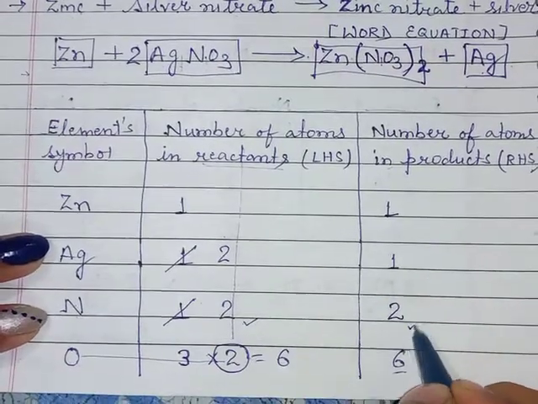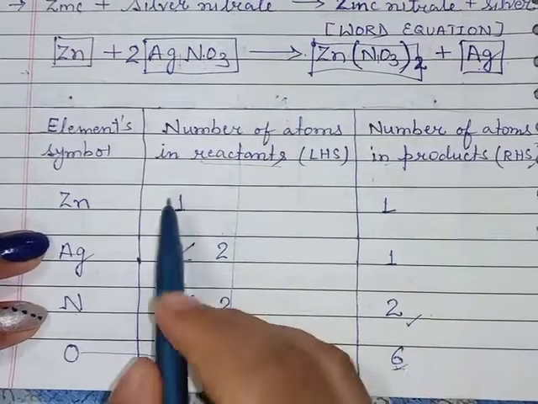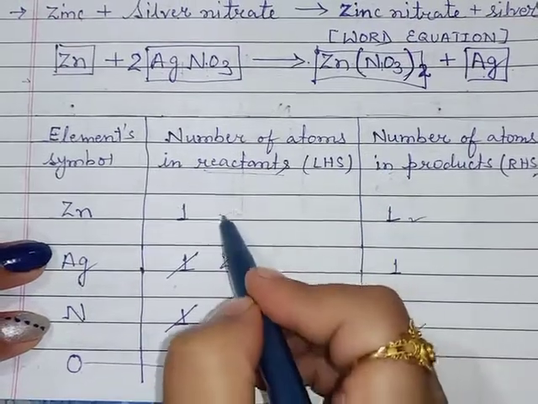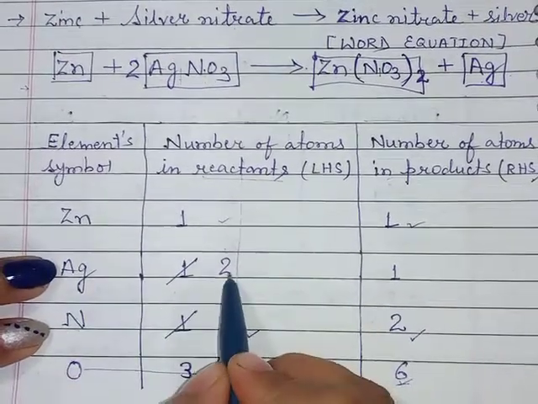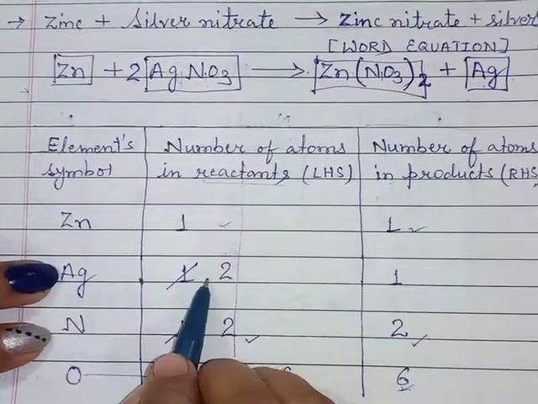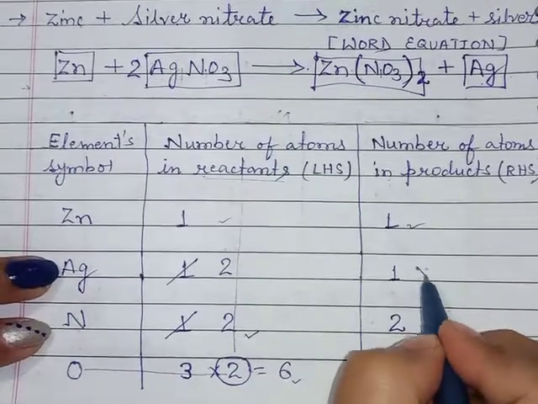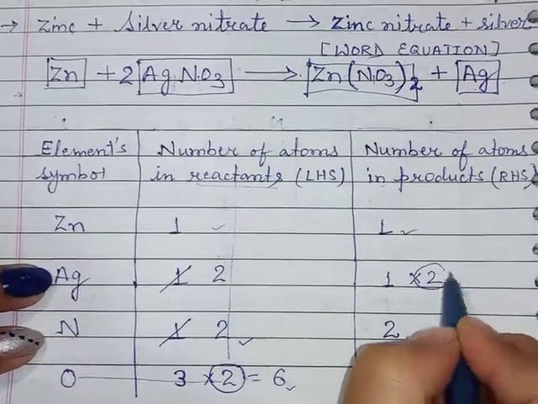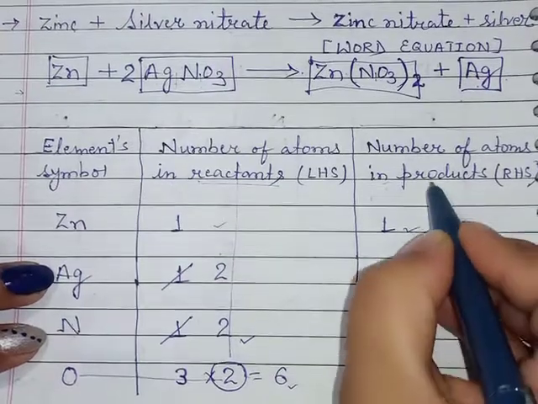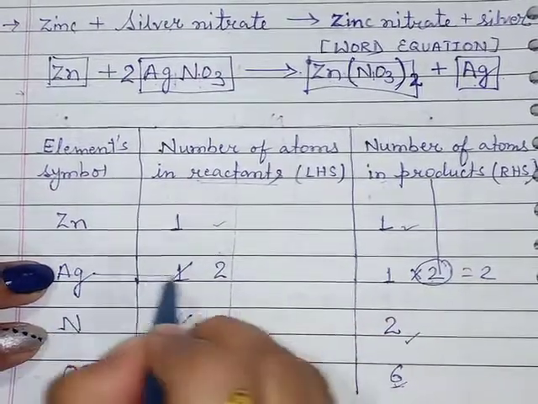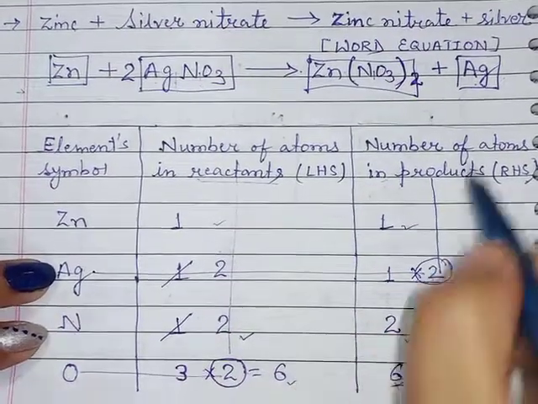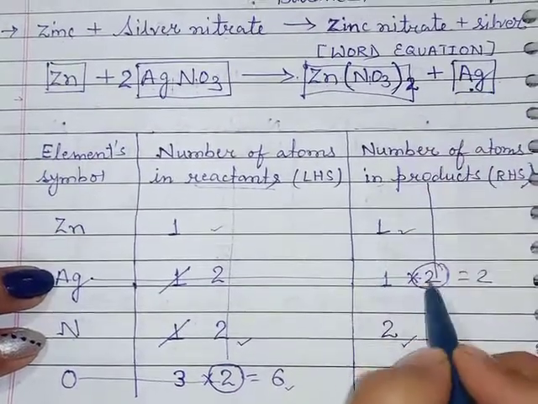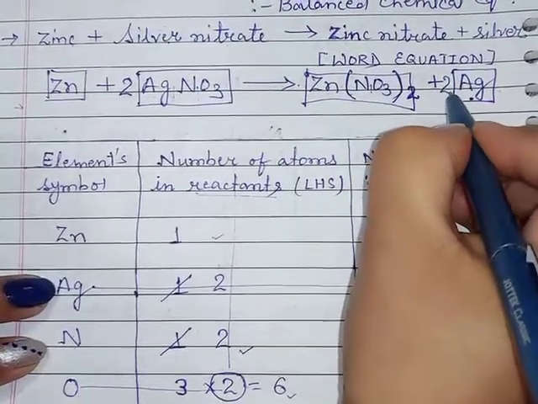Now nitrogen is balanced, and zinc is balanced. Silver is 2 and 1, so this one is not balanced. So 1 multiply 2 is equal to 2. This 2 comes in the product of silver, at this place.